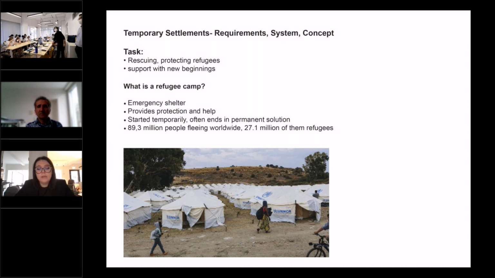But the main problem is that it often starts as temporary and ends in a permanent solution. We can also see that 89.3 million people are fleeing worldwide, and 27.1 million of them are actually refugees.